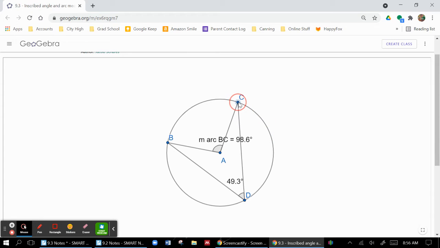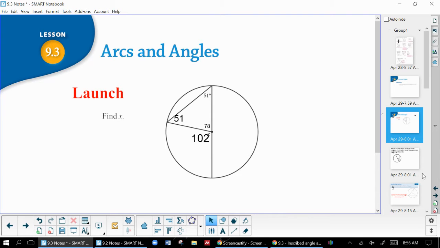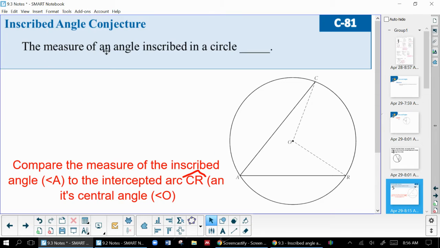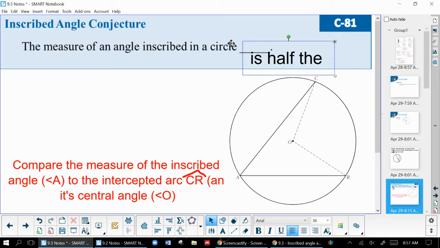Within rounding, it's always going to stay half. 104.5, 52.25, always half. And so our conjecture here is going to be: the measure of an angle inscribed in a circle is half the intercepted arc.